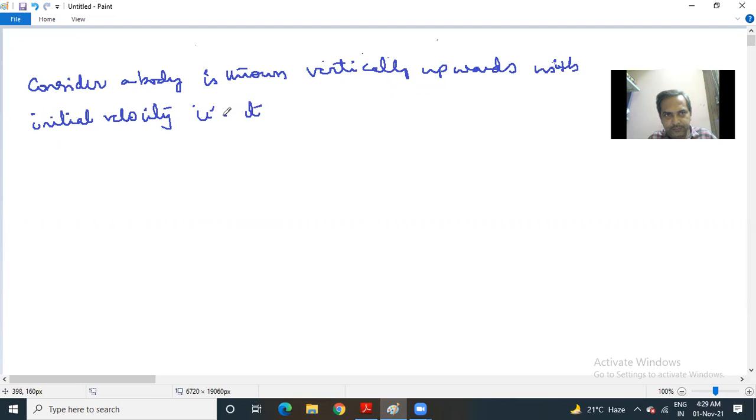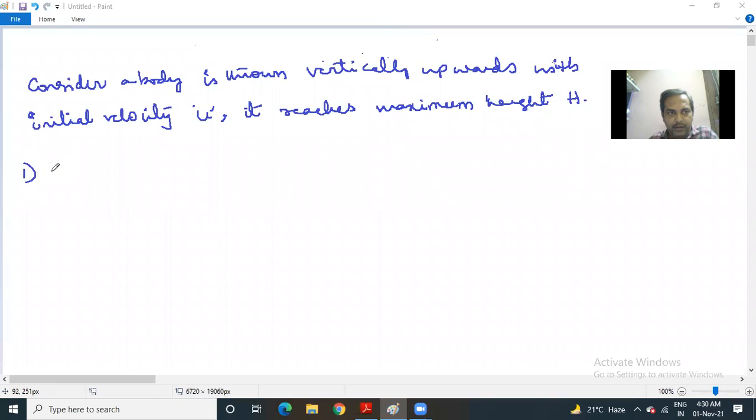It reaches maximum height H. Now under this, the first point will come: let us find out its velocity after a height H by n.